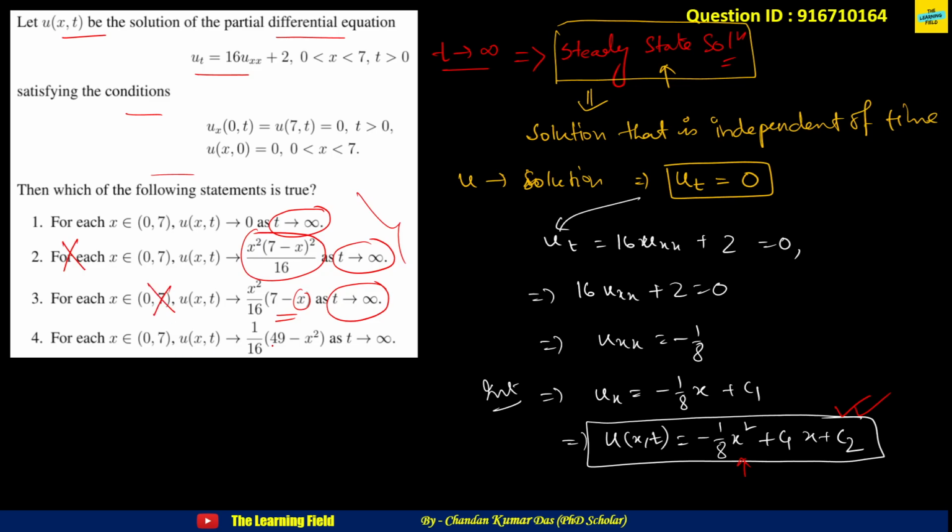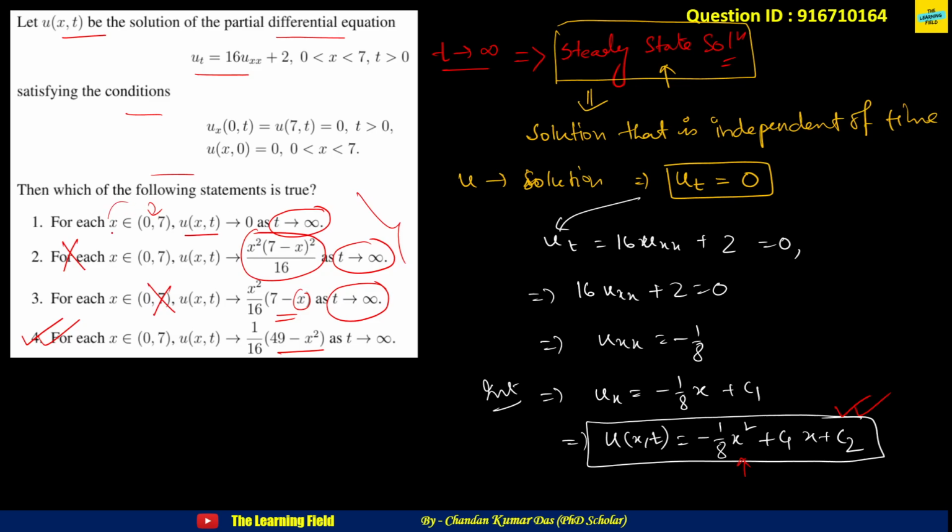Therefore this is also incorrect. And this option is the only option which is the second order equation. Fine. So this is actually a quadratic equation in x. So this is the correct answer. And for option A, you can say that u(x,t) tends to 0. But here it is given that for x belonging to this, we are interested in non-trivial solutions, not in trivial solutions.